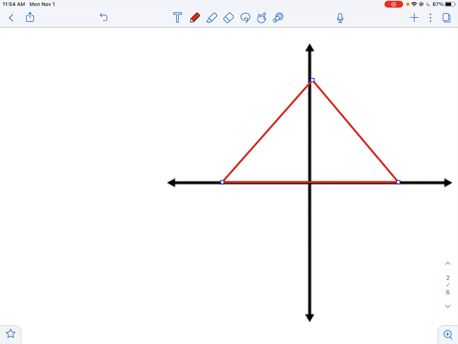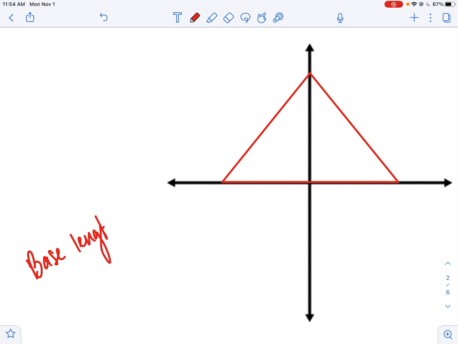I can set it up like this with the top vertex on the y-axis, where maybe my base length is, let's say, 4a. Well, if it's 4a, then this would be 2a and 2a. And this would be 4a, and this would be 4a if it's equilateral.